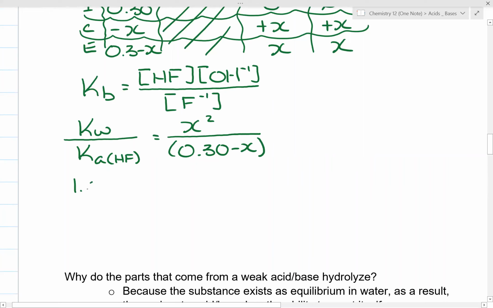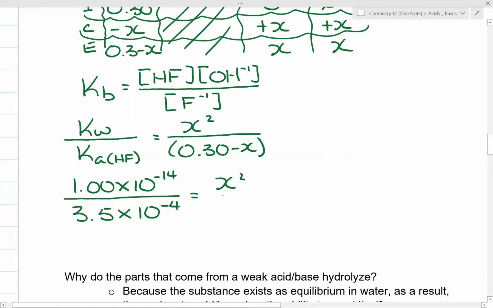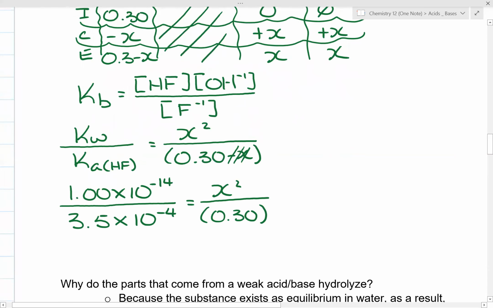We have 1.00 times 10 to the negative 14 all over Ka of HF, which is 3.5 times 10 to the negative 4, is equal to x squared all over 0.030. Now, again, I could ignore the minus x because the change is very small.